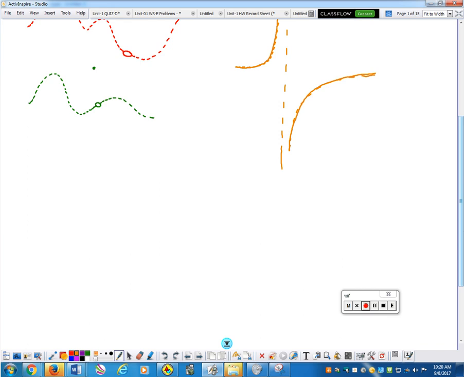So let's just do an example here of the definition. We'd say f of x is continuous at x equals 7, just a random example, okay? f of x is continuous at x equals 7 if, first, the value of the function must exist.